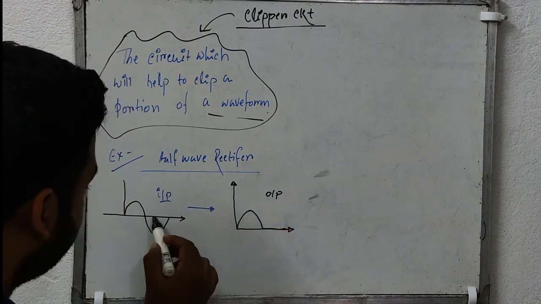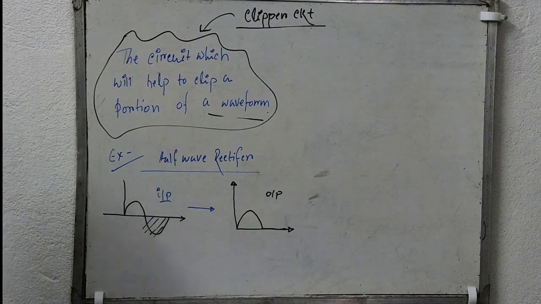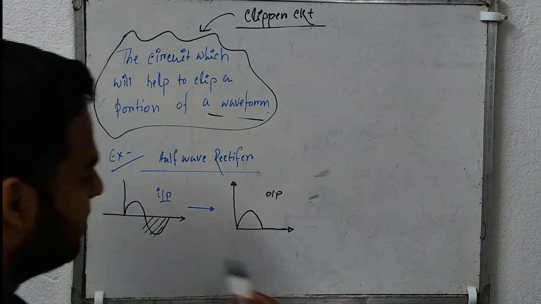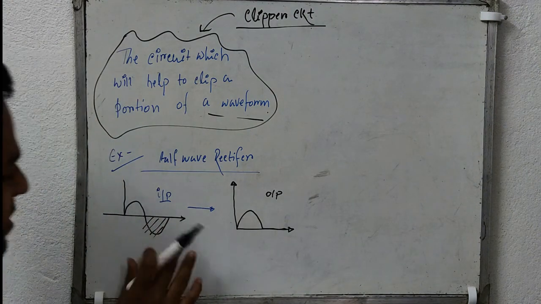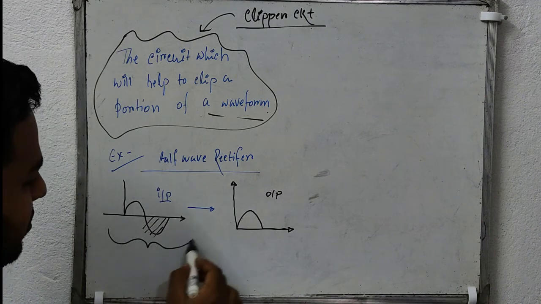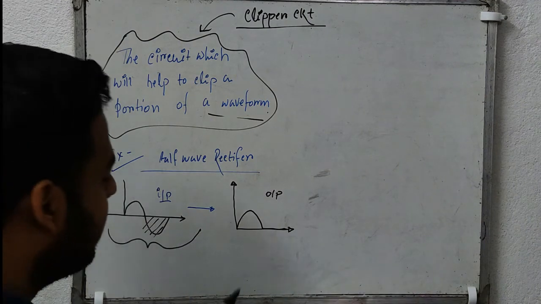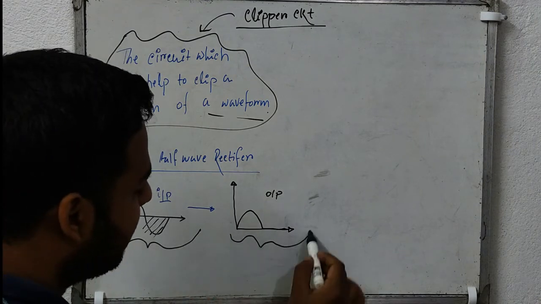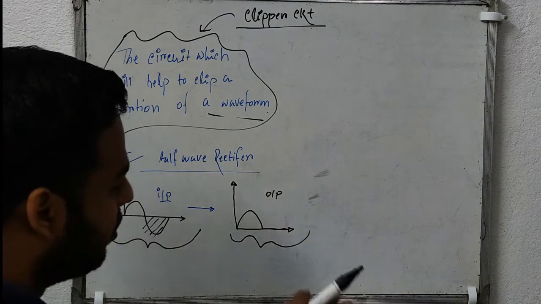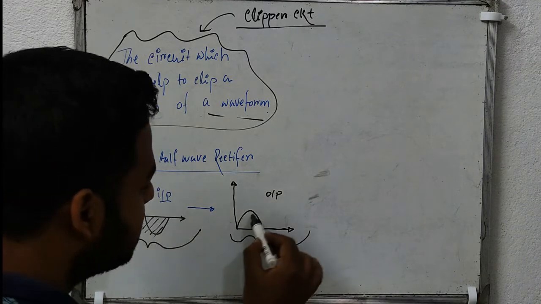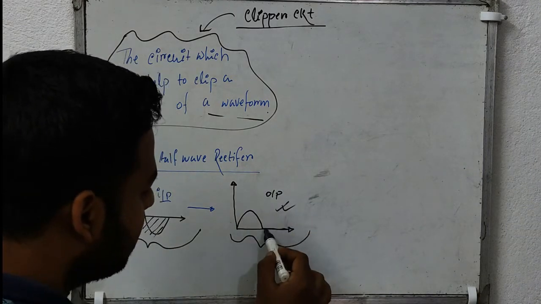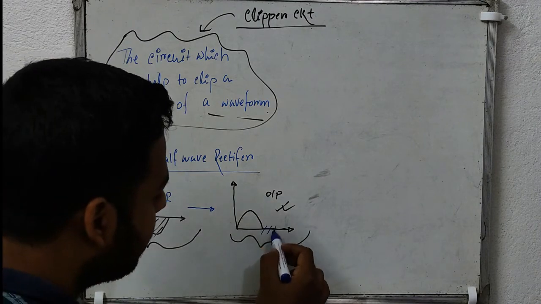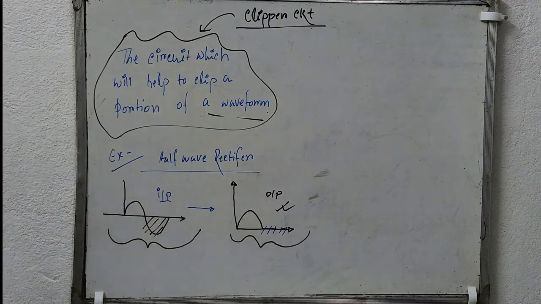If you look here, there was a waveform on the input side, but when this waveform passes through the circuit, the circuit will suppress or clip the waveform, and we get the resultant output waveform, which is this one. As you can see, there is no waveform in that region.